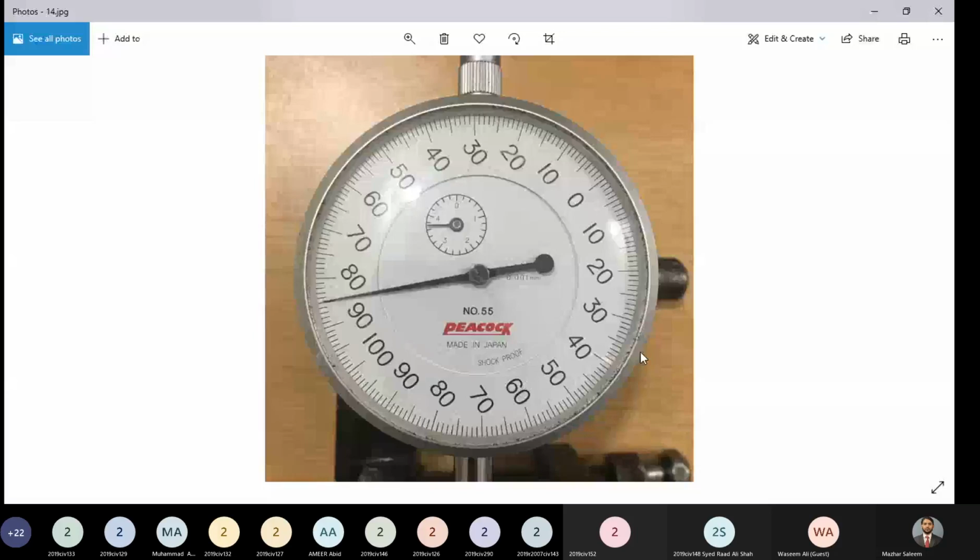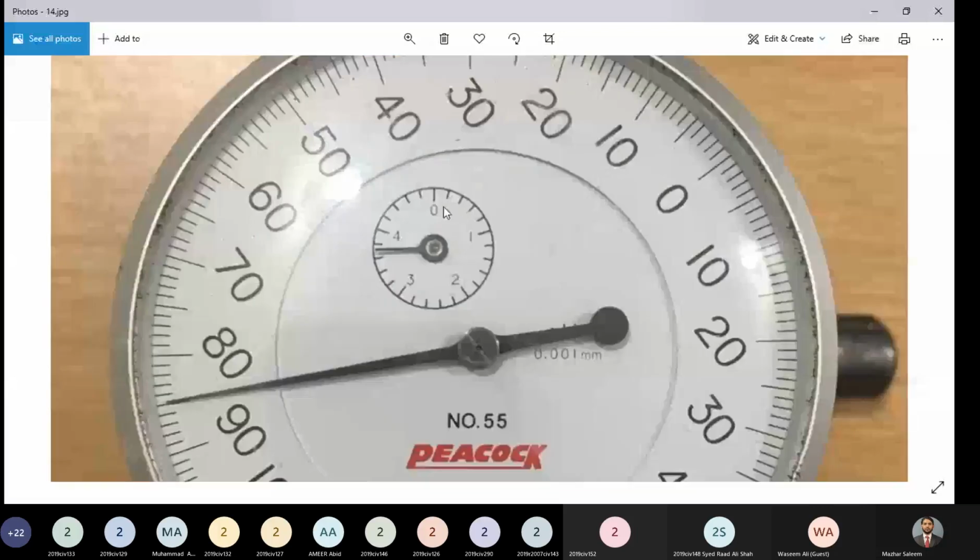Now, as I have told you beforehand, both the needles are moving in counterclockwise direction. So let's see how to read the large scale first. If you look at the graduations 0, 1, 2, 3, these graduations have been made in such a way that if the needle is rotating in clockwise direction, they will give you exactly the reading written on the scale.